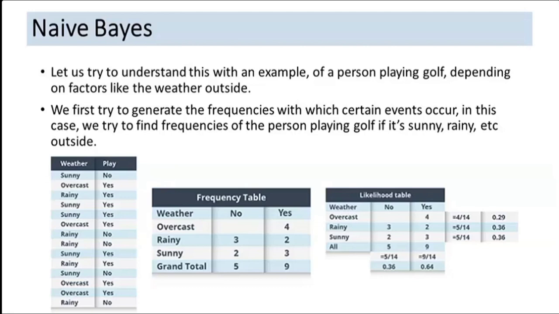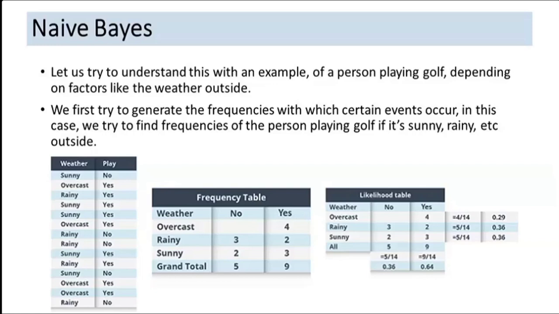So we try to find the frequencies of the person playing golf if the weather outside is sunny, rainy, or overcast. The available data can be seen here, where for the respective data, whether the person will play or not is mentioned.